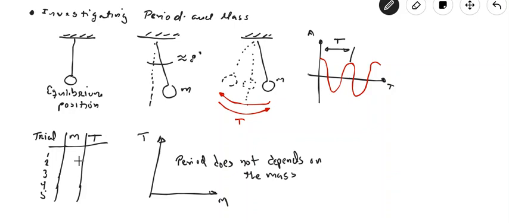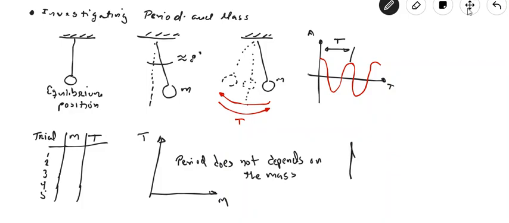You add more washers, then you find the period for that one, and so on. Finally, you will graph period versus mass, taking into consideration that according to the theory, the period does not depend on the mass. So imagine what kind of graph you are expecting to get in this case.